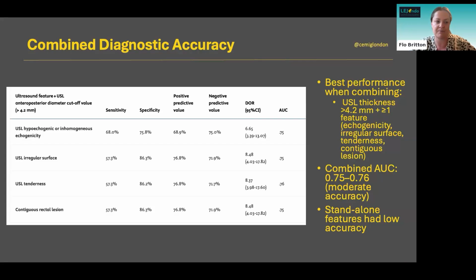And actually, if you did combine an increased thickness of the USL together with any of those four shown here, it does cross over into a moderately accurate diagnostic tool for diagnosing USL disease. So the area under the curve reaches that 0.75, which is deemed moderate accuracy.